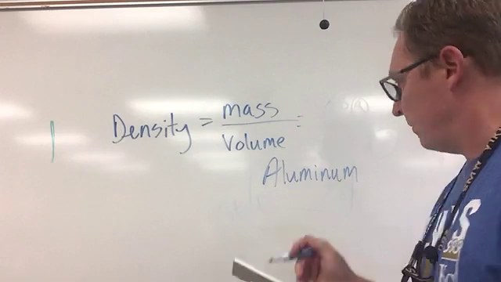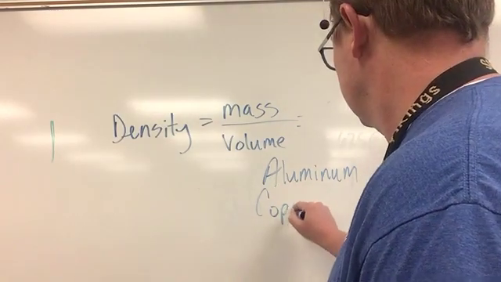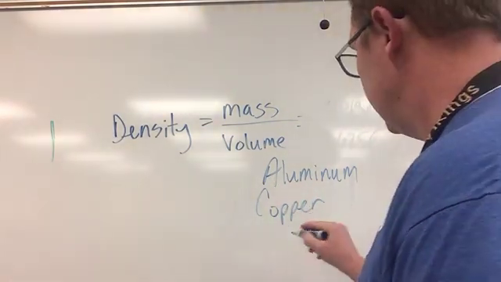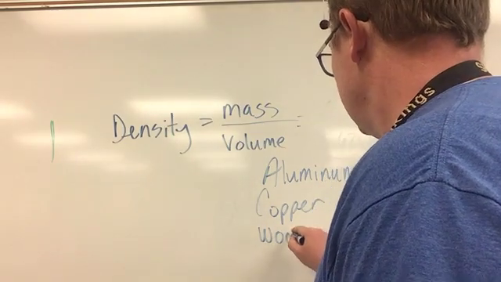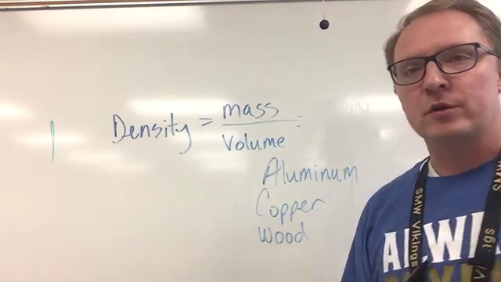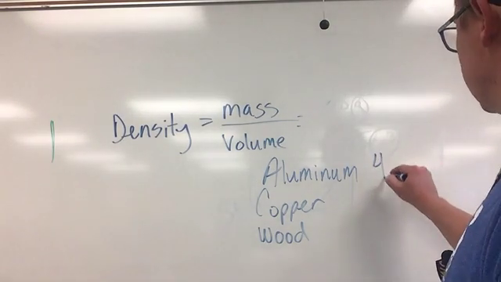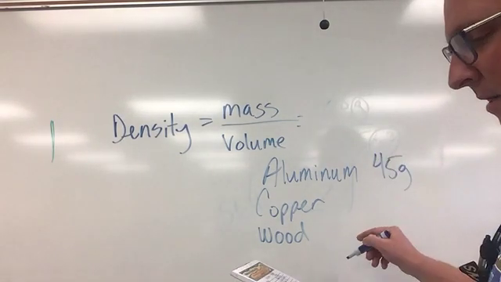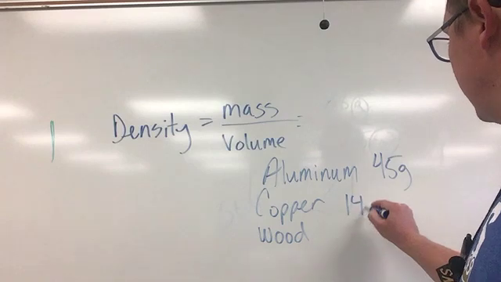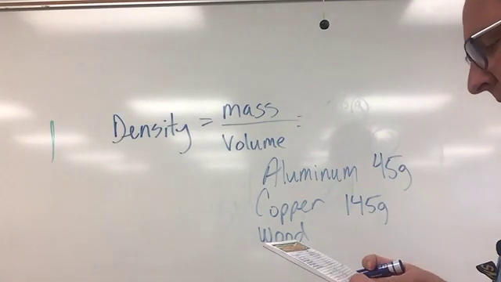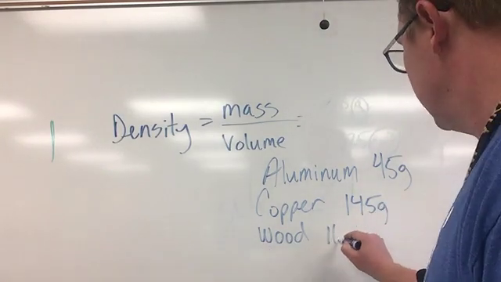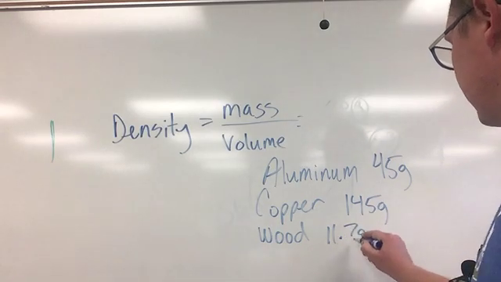And then after that, we did copper, and we did a block of wood. I think it was pine, but I wasn't quite sure. Now these 3, you were given the mass. Aluminum was 45 grams, the copper was 145 grams, and then the wood was 11.7 grams.